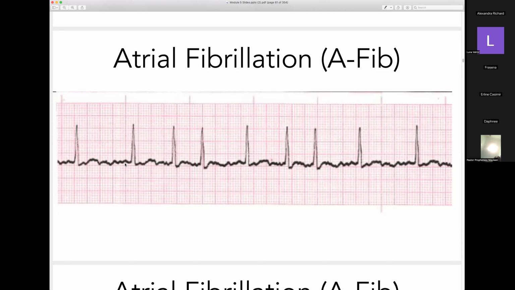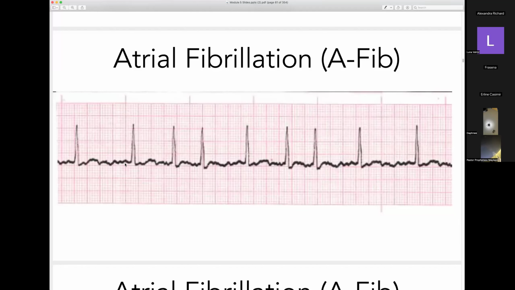So in the beginning, you see the first QRS to the second, that's one distance. From the second to the third, you can see the third one comes closer than it should. From the third to the fourth, that comes even closer. And then from the fourth to the fifth, that's another distance. So because the distances between the QRS intervals differ, this is not a sinus rhythm.